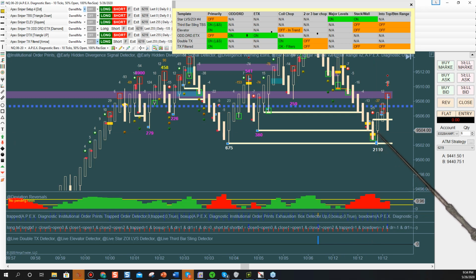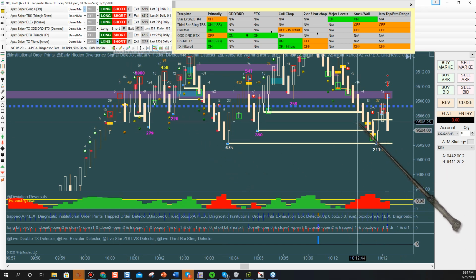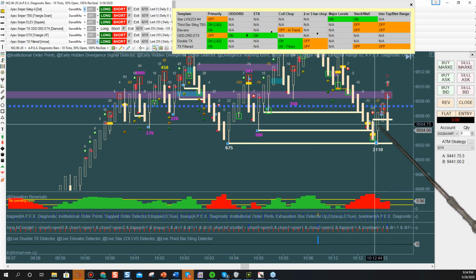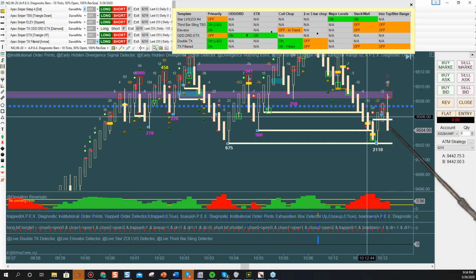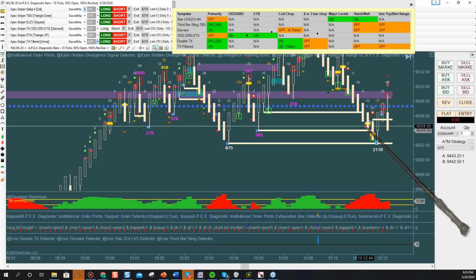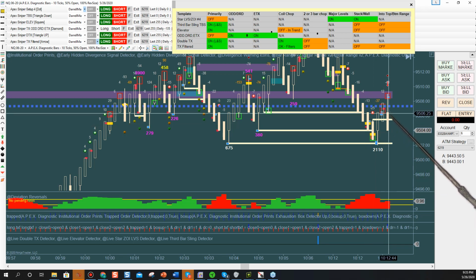It won't filter them if it's broken 3 bars away from it. Okay? So double clusters, you're literally trading right into the clusters. Like if the TX trade would have been right here, it would have caught the double clusters, but it's not going to catch it all the way over here.